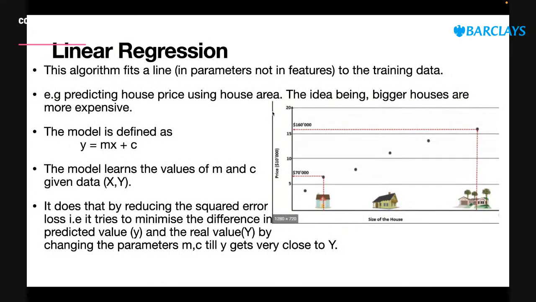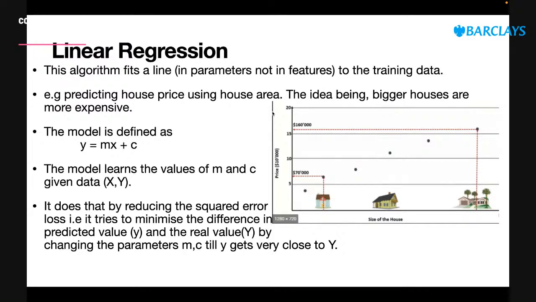Starting with linear regression, I'll also go to other algorithms and tell you the difference between linear regression and other machine learning algorithms, and how we can choose the best one for our problem. We can see that in the demo.